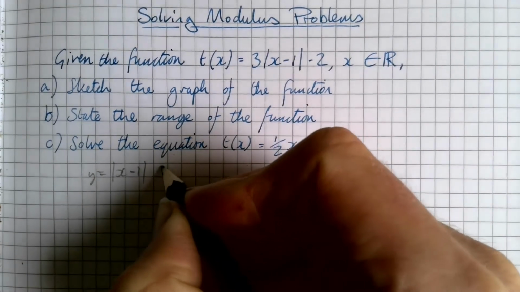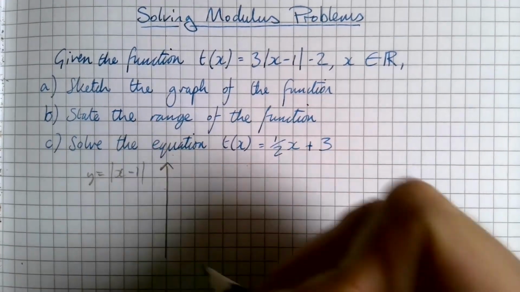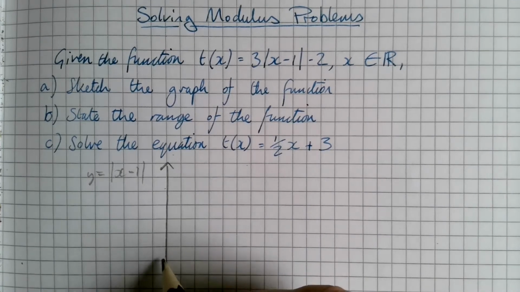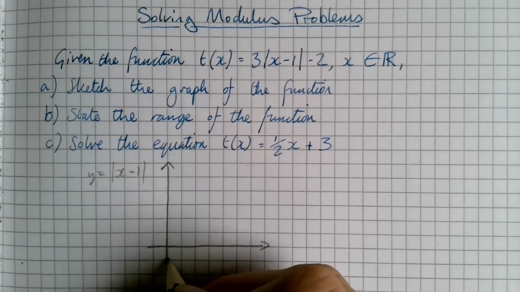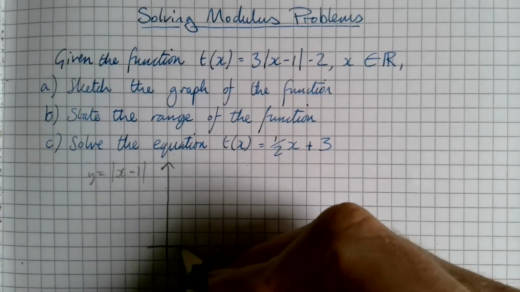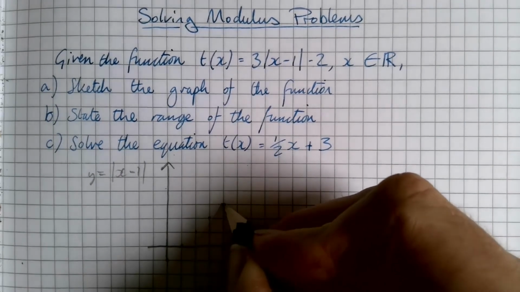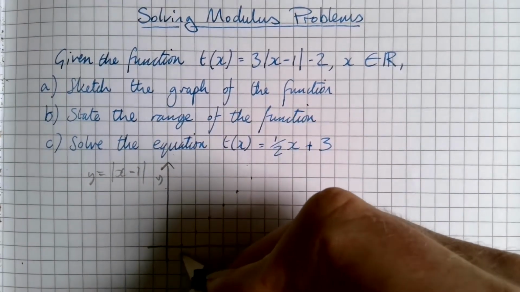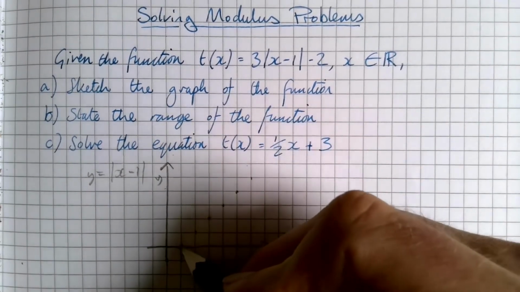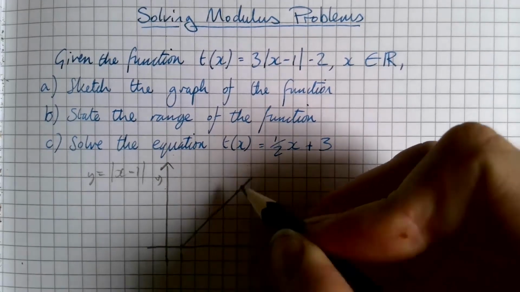If we just start with y equals x minus 1, we know that would have your y-intercept at -1, wouldn't it? And then a gradient of plus 1. So we've got that point there as being 1. We've got a straight line coming in there.